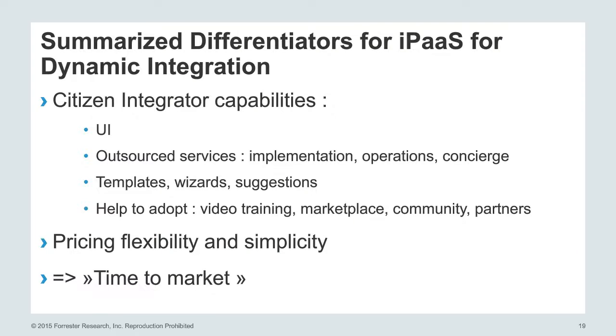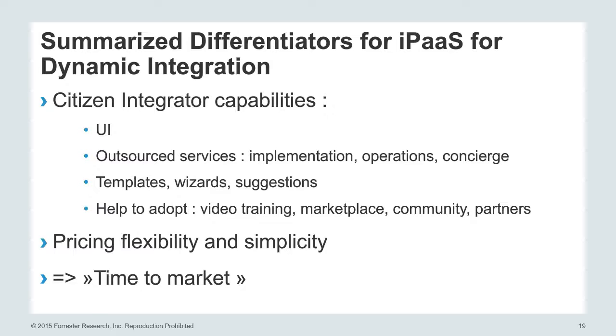So to summarize a little bit the main criteria for iPaaS, for dynamic integration, obviously the citizen integrator capabilities. And again, that's not coming from just a simple UI, but that should be also everything which is helping to adapt the solution.